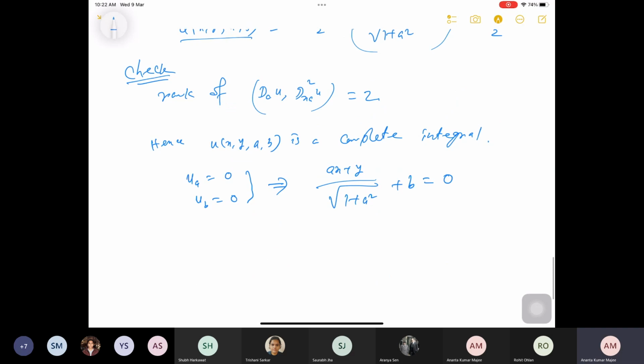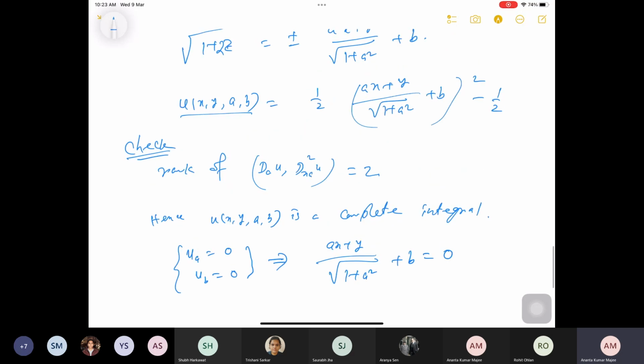So I need to eliminate my parameters a and b, which solve these equations u_a equals 0 and u_b equals 0. That gives x plus y by root of 1 plus a squared plus b equal to 0. Here again it is in implicit form, but for this problem it is okay.